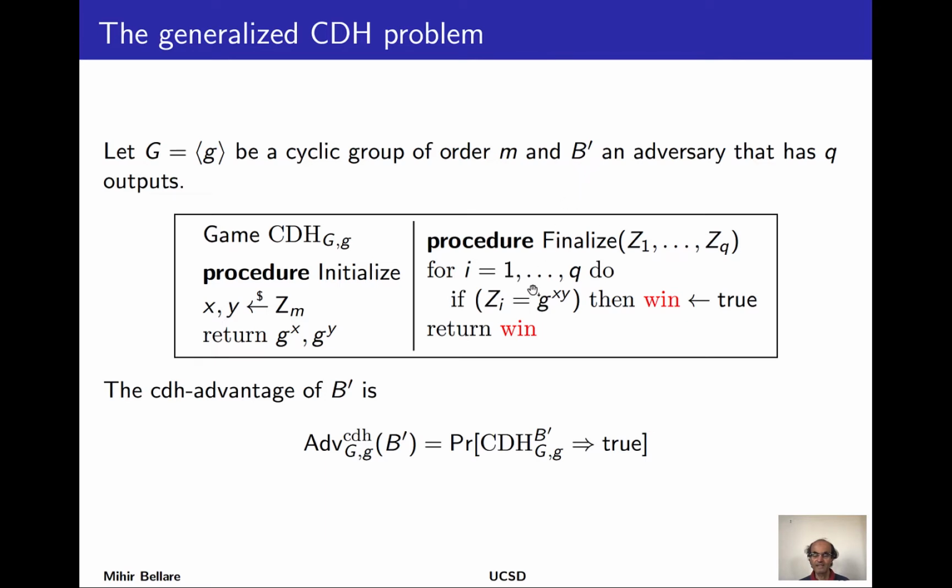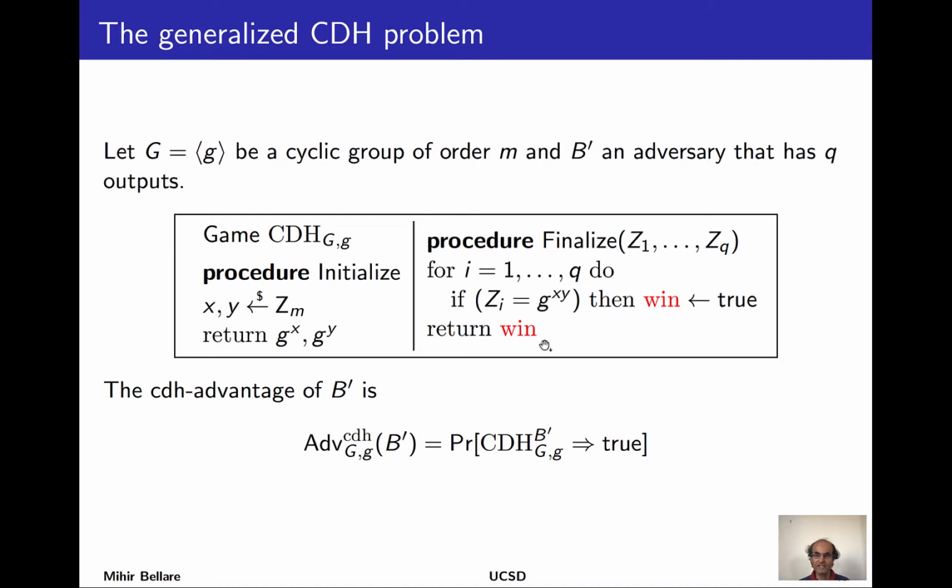They are all guesses as to the value of g to the power xy. And if any of them succeed, then we set the flag win to true, and eventually that's what the game returns. So in other words, our adversary is given a bunch of chances to win, and if one of its guesses is correct, then it will indeed win.